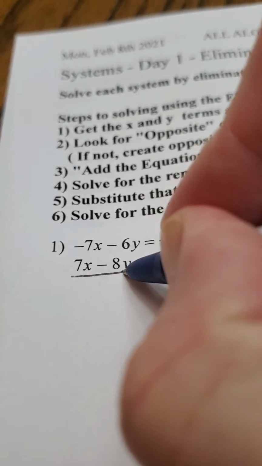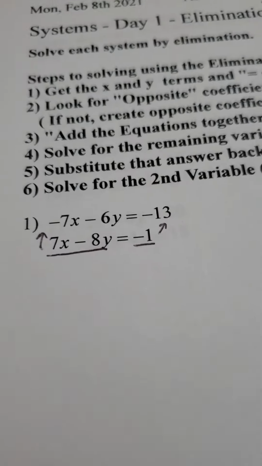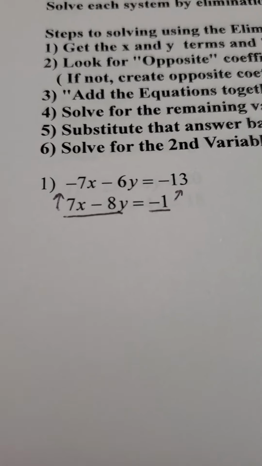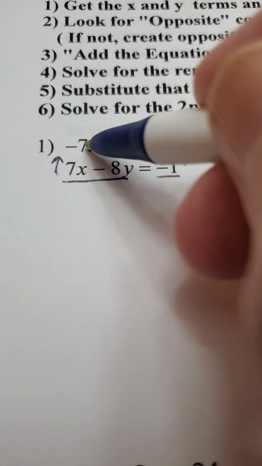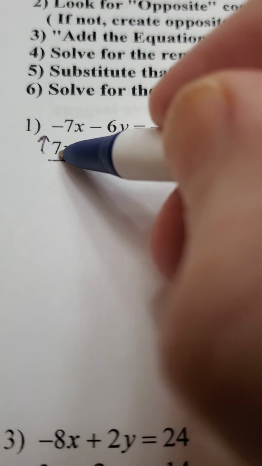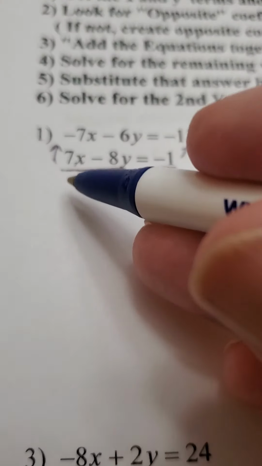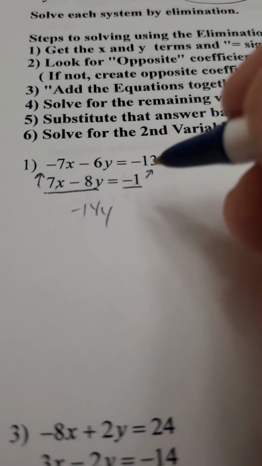I'm going to add the left side to the left side, and I'm going to add the right side to the right side, or basically I'm adding the two equations together. When I add the two equations together, a negative 7x and a positive 7x cancels or eliminates the x. When I add the y's together, I get negative 14y.